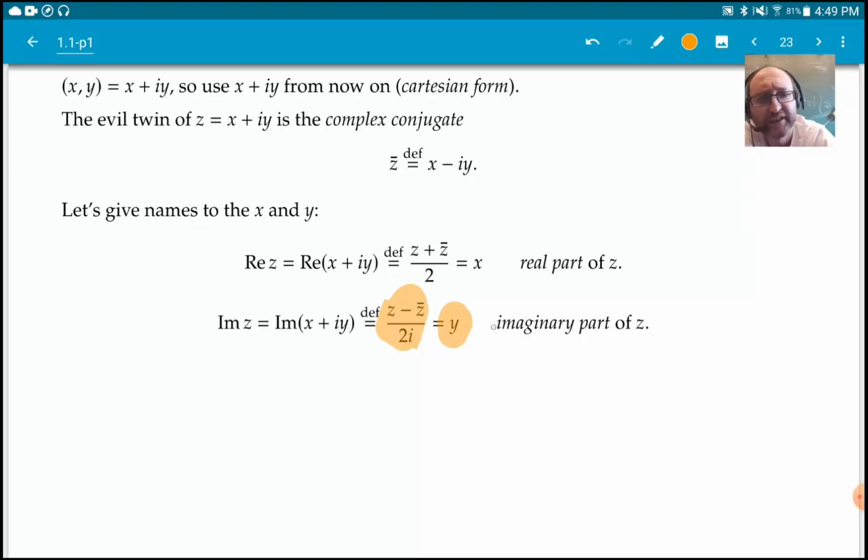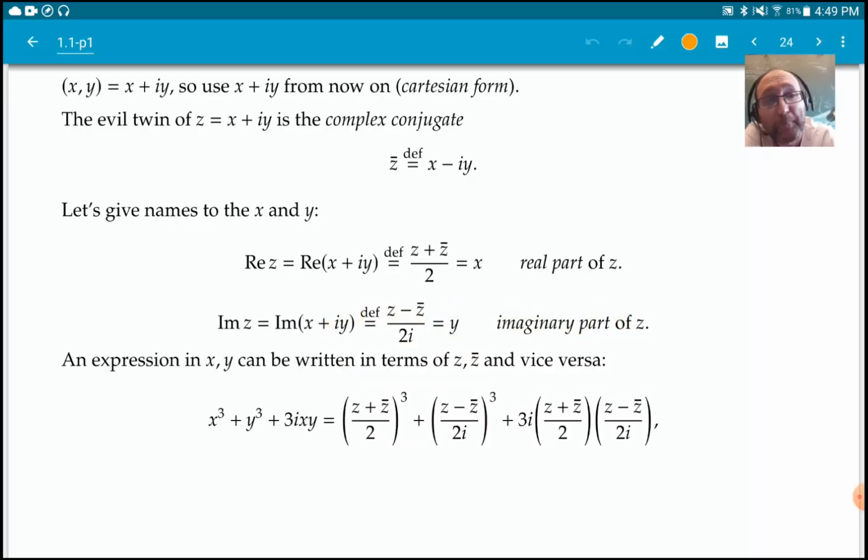Something to note: the imaginary part is the y, not the iy. That seems to be a somewhat common mistake of some beginning students. It's just the y, the coefficient of i.